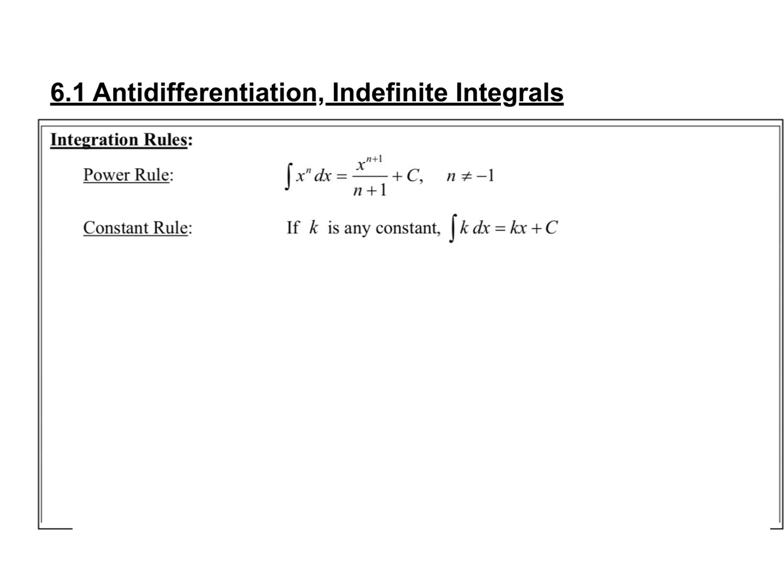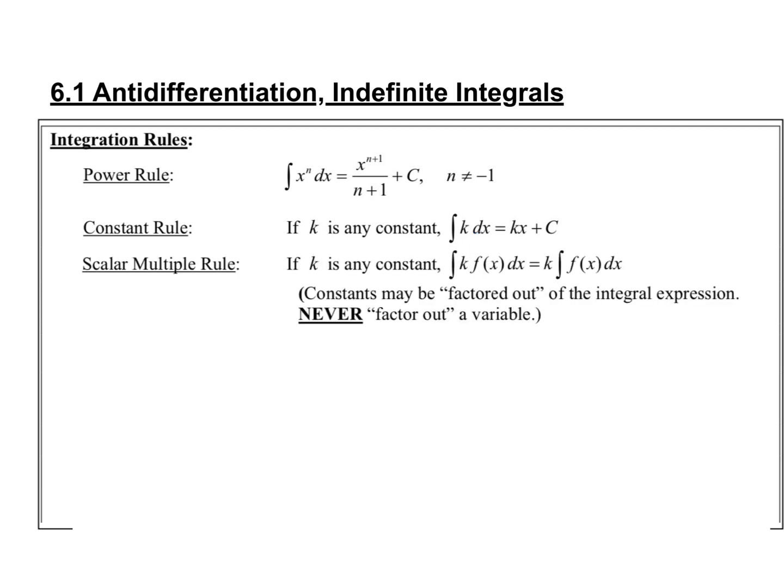That we talked about when we were doing chapter 5, that it could be a vertical shift. That kind of represents that. Eventually, in 6.1, you have some problems where you will find the constant. You have to be given some information in order to do that. So if you have a constant, then it's just going to be the constant times x, assuming that we're integrating with respect to x. This can be different too, right?